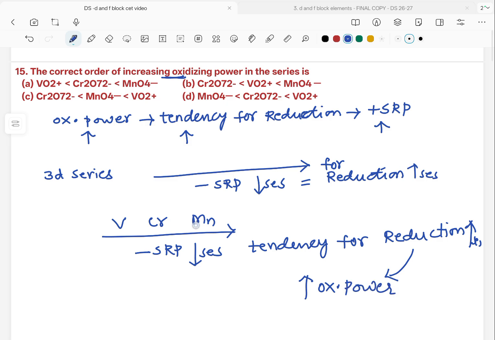In this, manganese has more tendency for undergoing reduction because it has lesser negative SRP value. So this will have more oxidizing power compared with that. Negative SRP value decreases, it says that the tendency for reduction increases, meaning greater will be the oxidizing power. Therefore, our option A is right here.